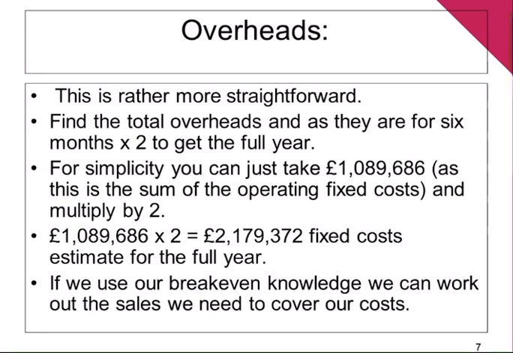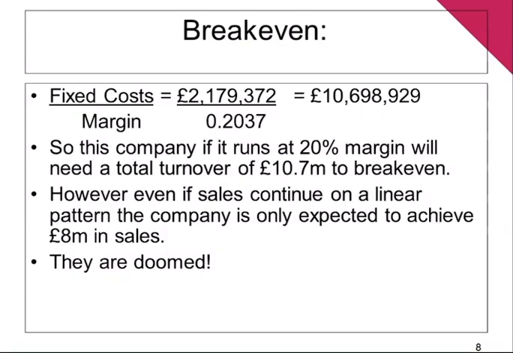Now using break even, believe it or not, now that we know our margin and our fixed costs, it's incredibly easy to work out ways in which this company can work to survive. So to break even, you take the fixed costs and divide them by the average margin that we're running at, and what that gives you in your calculator is the turnover target that this company needs to survive.